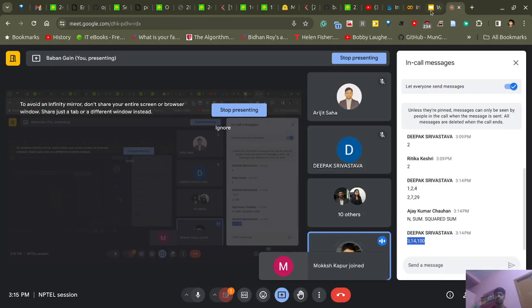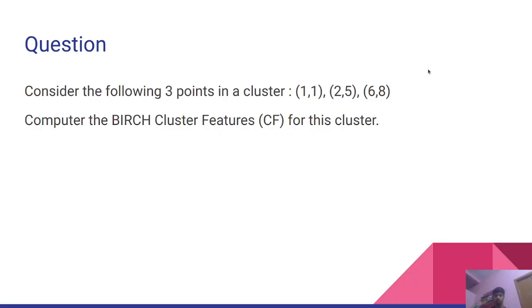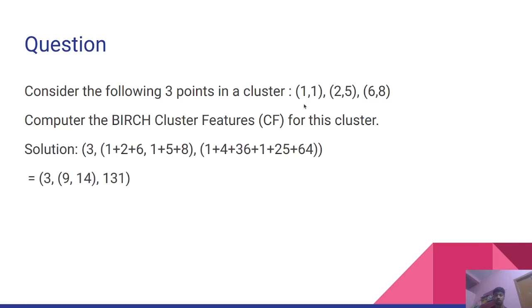Okay, let me go to the solution here. So what we have to do is calculate the N, then sum, and then squared sum. So N, how many points are there? 3, 1, 2, 3. So we write 3 here. Then we have to calculate the sum, sum of the first coordinate, sum of the second coordinate.